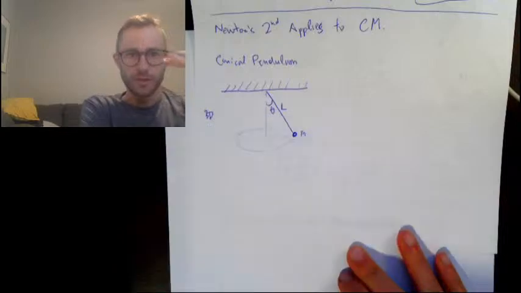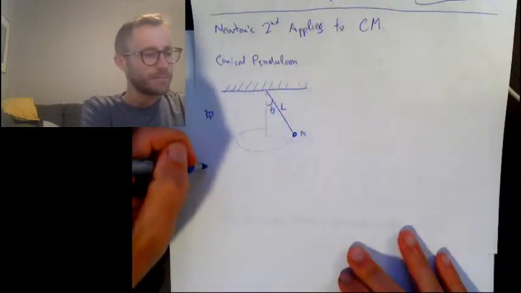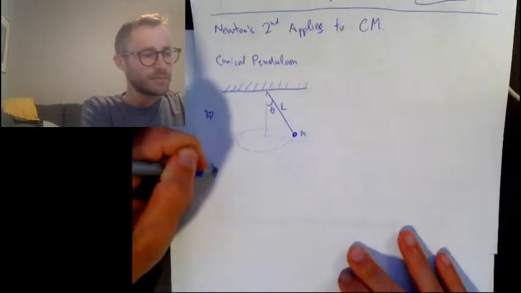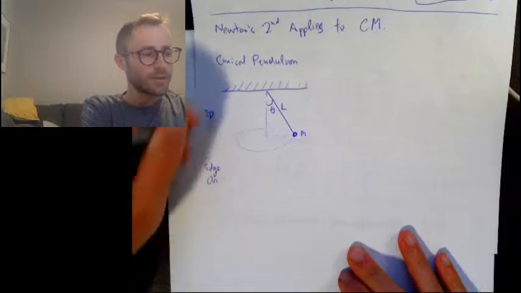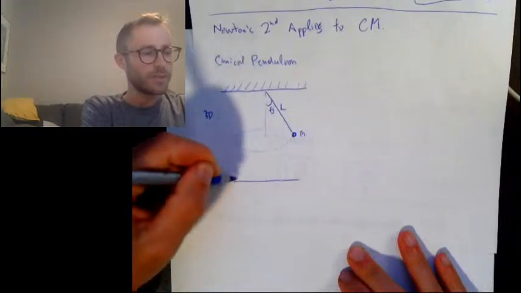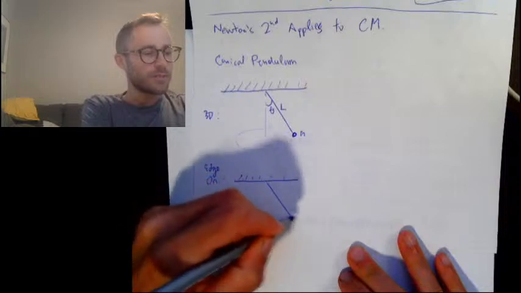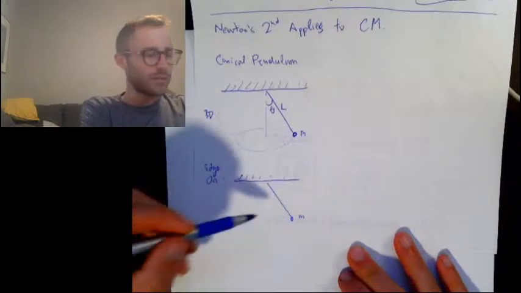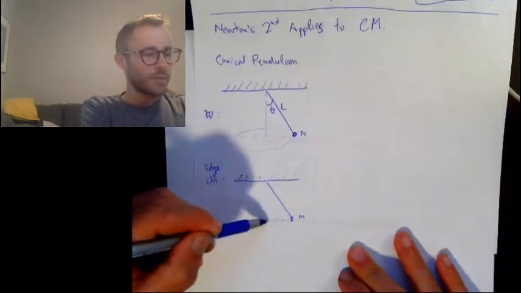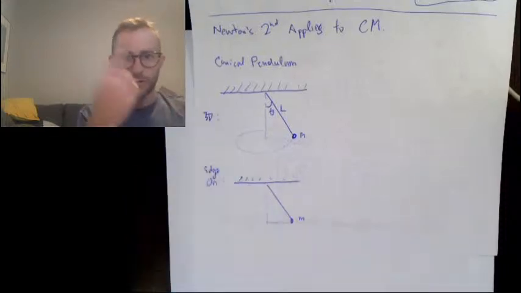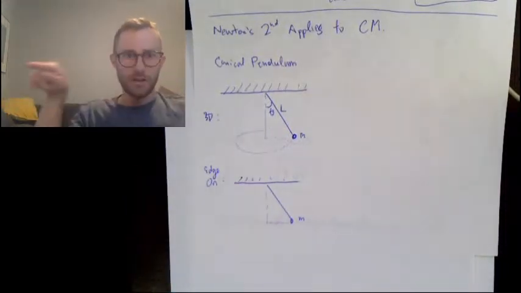But what if we were to look at this from edge on? What is this going to look like? Well, you'd have your ceiling. Here's the mass, and it's basically going back and forth. If you look at a circle from the edge on, it just looks like a line.